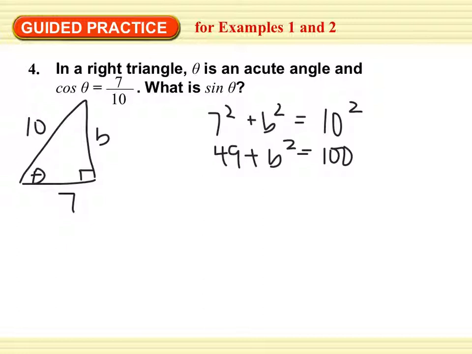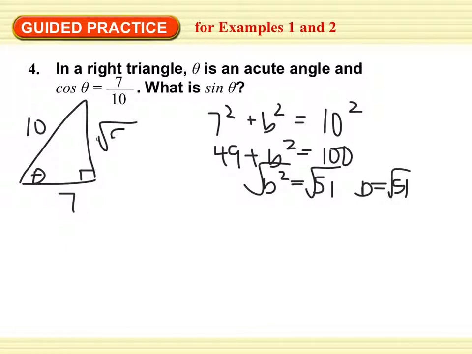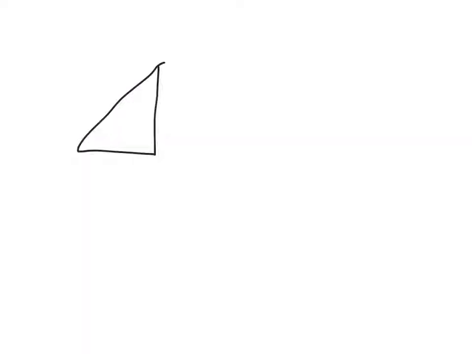We've already done this one. Oh, b squared is 51. Square root of both sides. B equals square root of 51. I just didn't leave enough room.